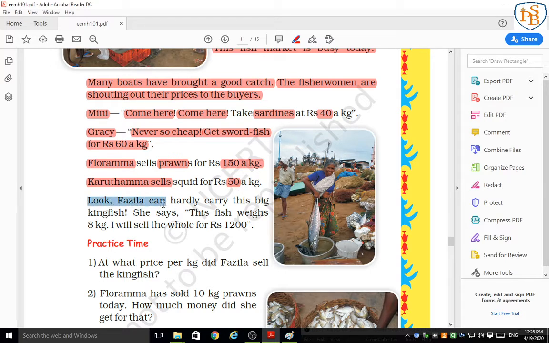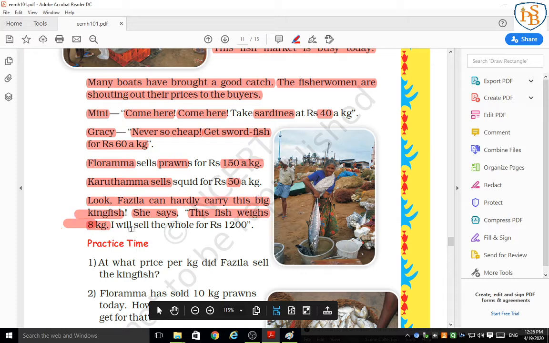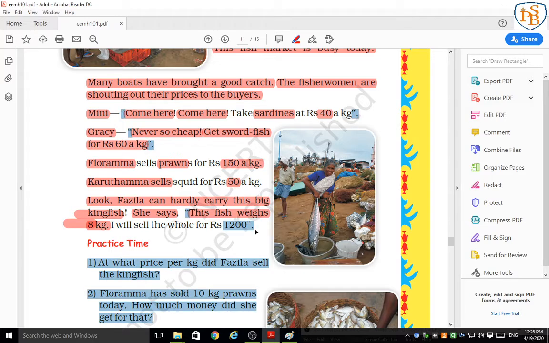Look, Fazila can hardly carry this big kingfish. She says this fish weighs 8 kg. What is the weight? 8 kg. Okay, I will sell the whole for rupees 1200 only.